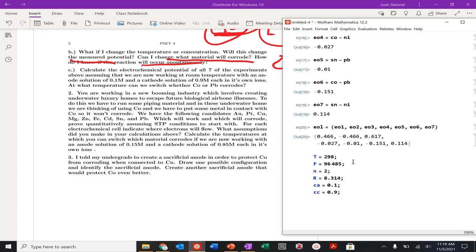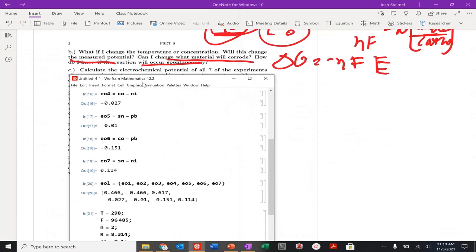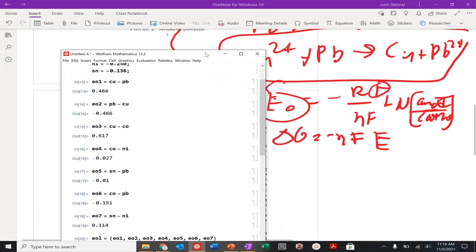And we need to figure out, again, for copper and Pb what corrodes, what does not. So my Nernst equation is essentially going to be, actually this is a table. Usually my Nernst equation is E minus E naught, so I'm just going to move E naught to the other side, so that's going to be a plus.